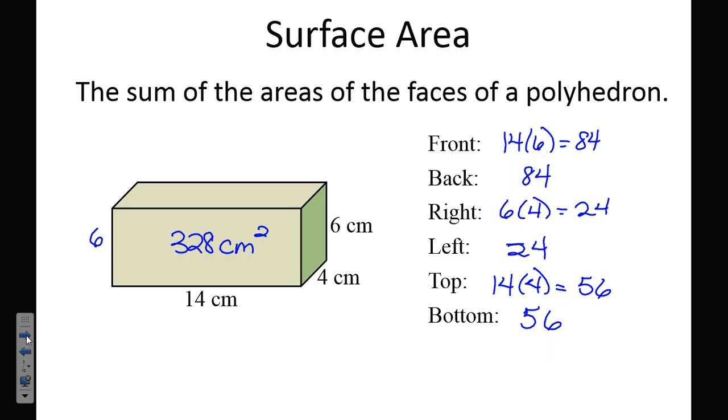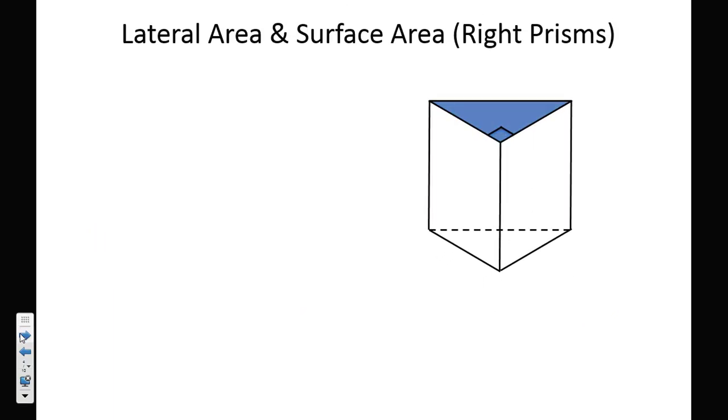Okay. The shortcut says if you want to find the surface area of a figure, you can first find the lateral area and then find the total surface area. The lateral area is found by finding these surfaces that are not bases. So we have a blue base, right? What kind of figure is this?